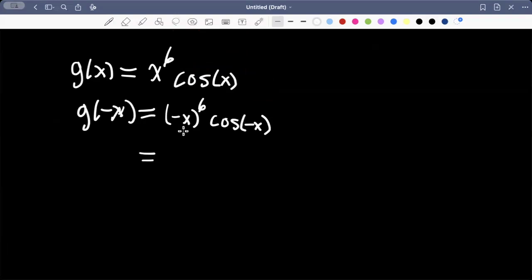Simplifying, I'm going to have negative x to the 6, a negative to the power of an even number is positive. And then cos negative x, cosine is even. So it's cos of x. And this is the same as the original. So my function is said to be even.